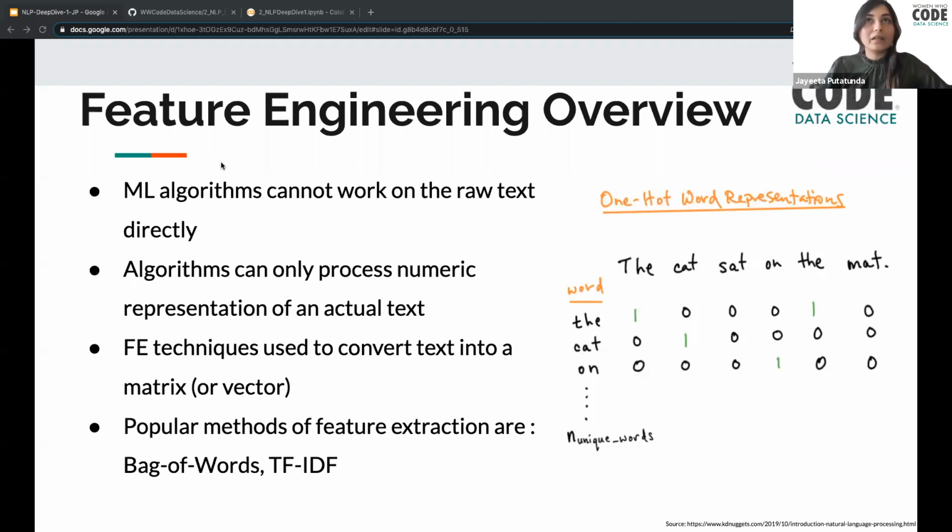The technique that even Rishika showed last week is one-hot word representations. The way we can do that is, if you see the example here, there is this sentence, the cat sat on a mat, and we are trying to gauge between a sentence where other words are matching up.